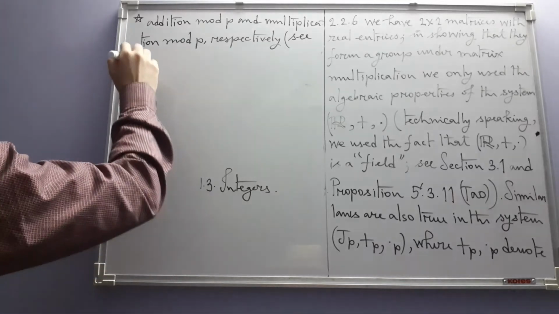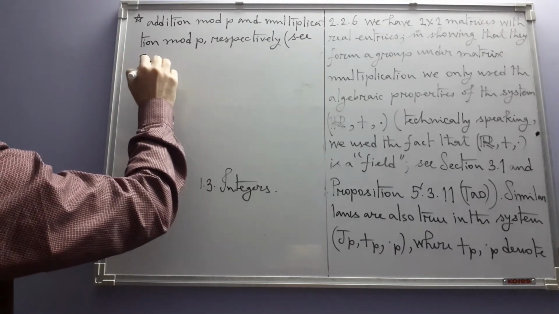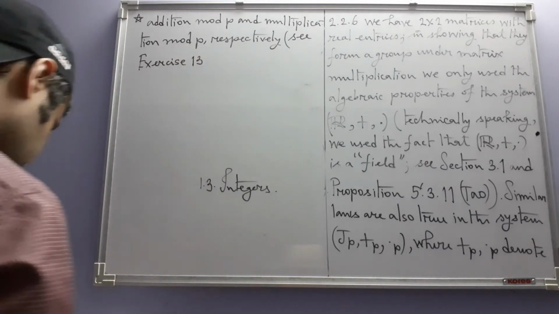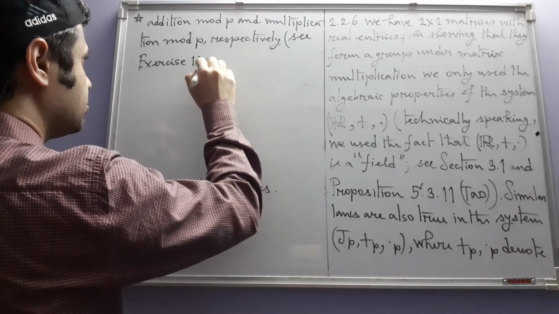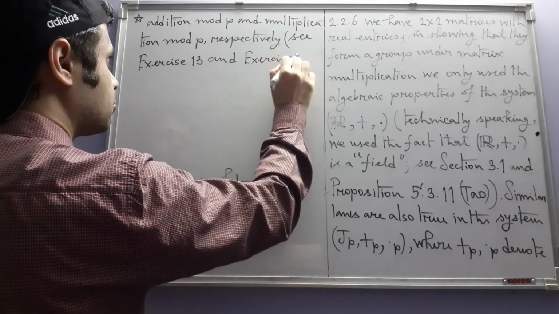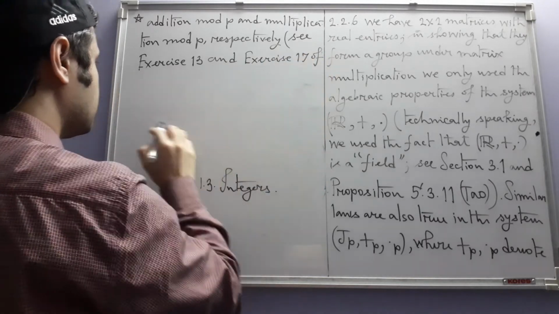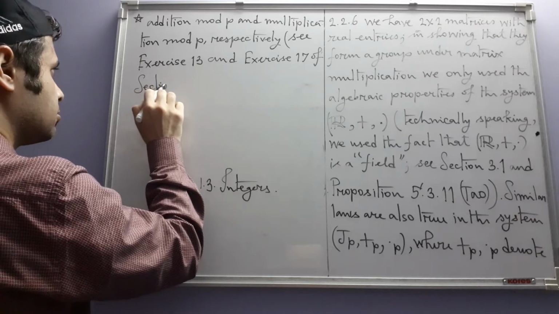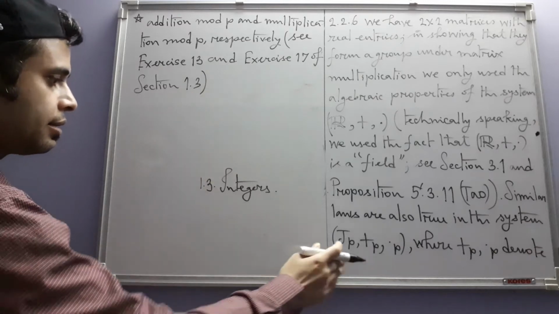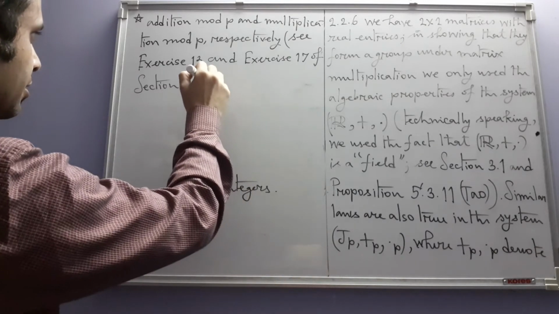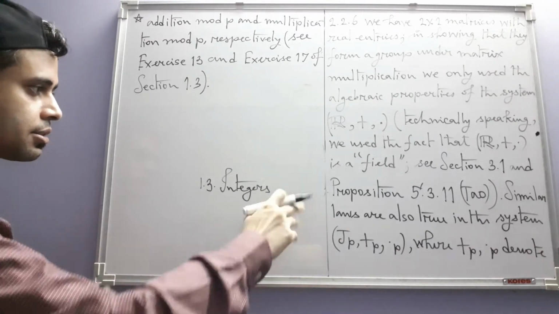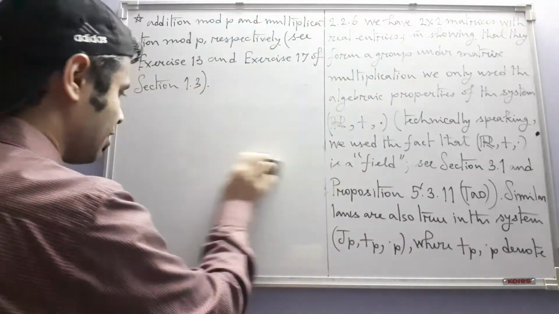See exercise 13 and exercise 17 of section 1.3, this section. So there you will see that we have actually proved that J_P is a field, although there we did not mention the word field since that comes afterwards.